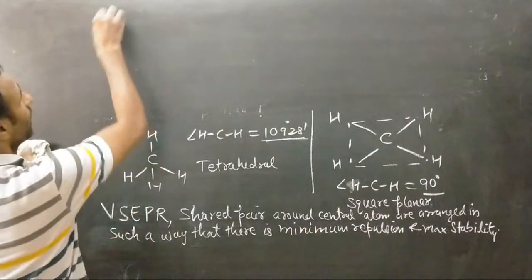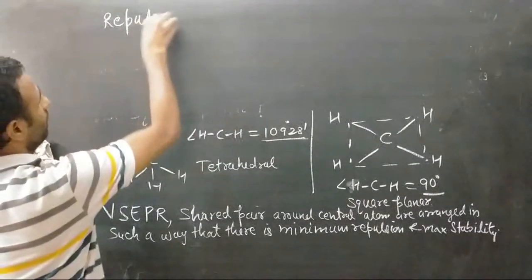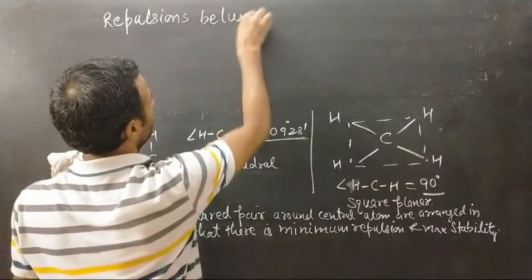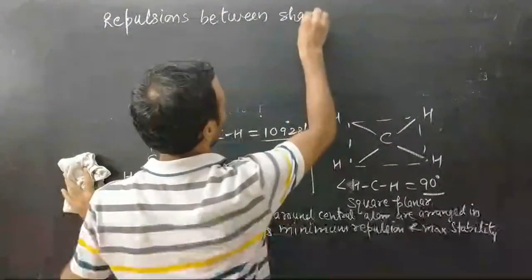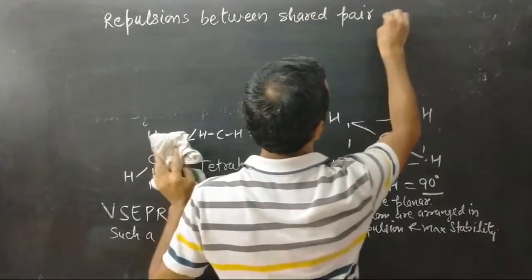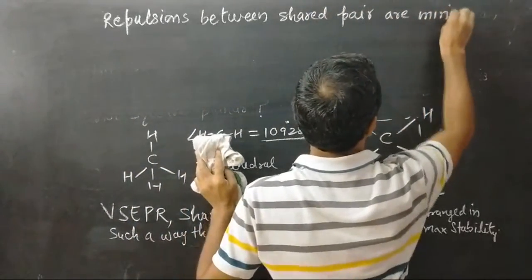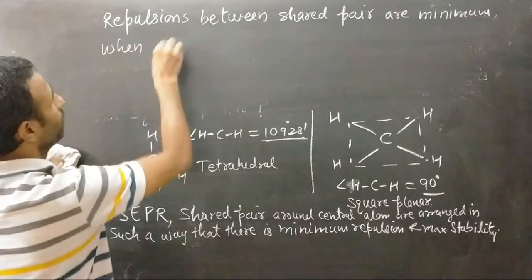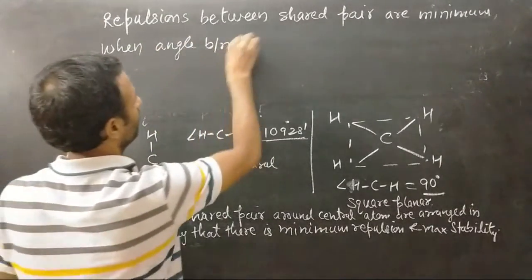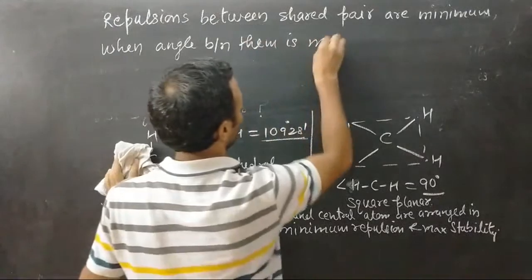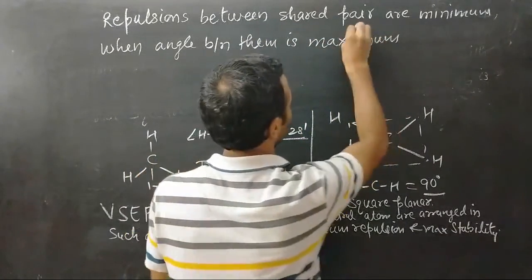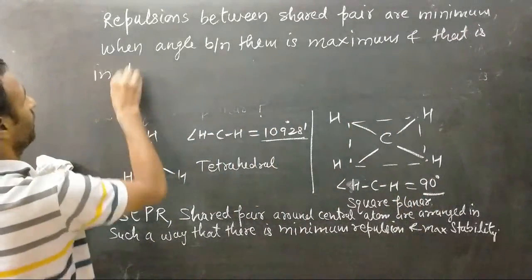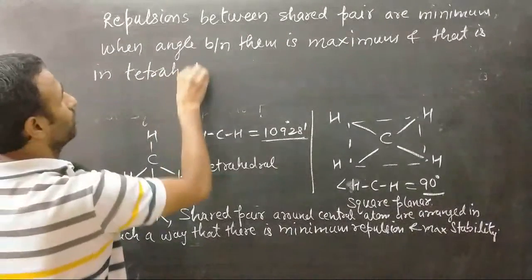So repulsions between shared pairs are minimum when the angle between them is maximum, and that is in the tetrahedral arrangement, right?